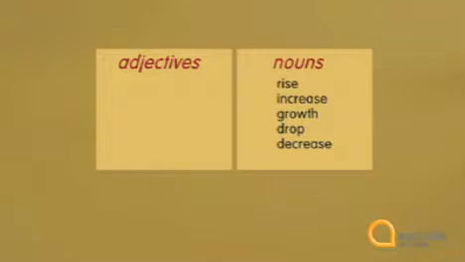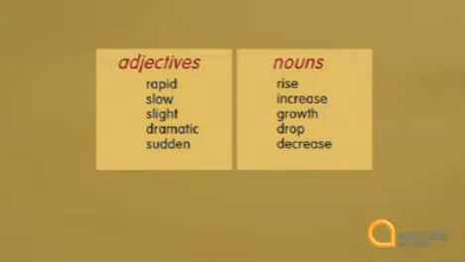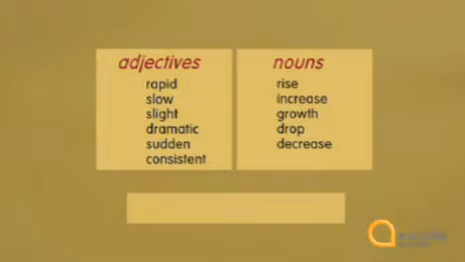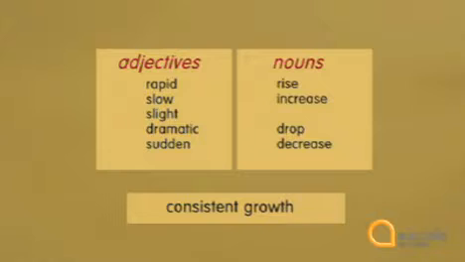Then we've got adjectives to describe those nouns, like rapid, slow, slight, dramatic, sudden, or consistent. And we can put these together. A sudden rise, a slight decrease, a sudden drop, a consistent growth.